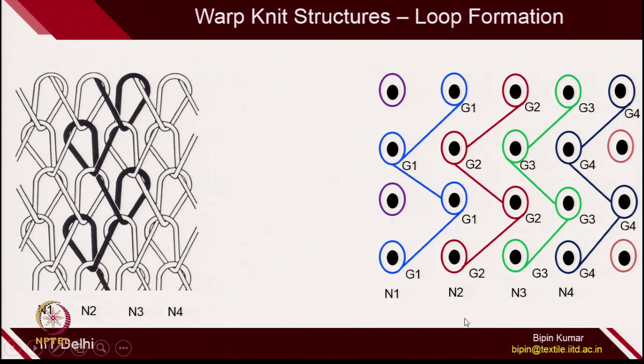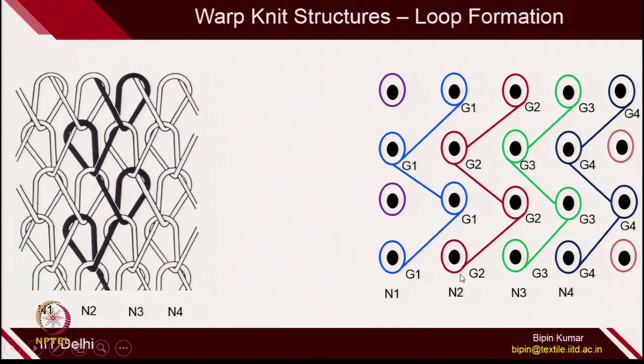But if you simply follow the movement of one needle, so if you see the vertical line here with N2, you will find that to provide the loops, N2 interacts with two guides individually. The first guide is G2 and the second guide is G1, and these repeat in alternating courses.